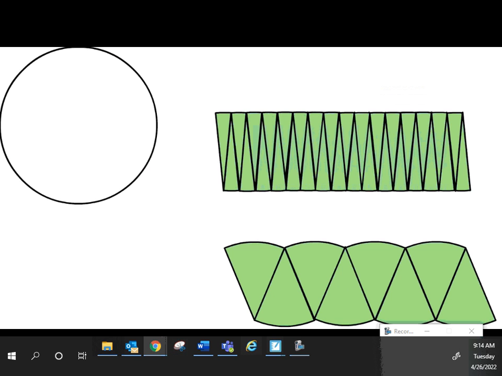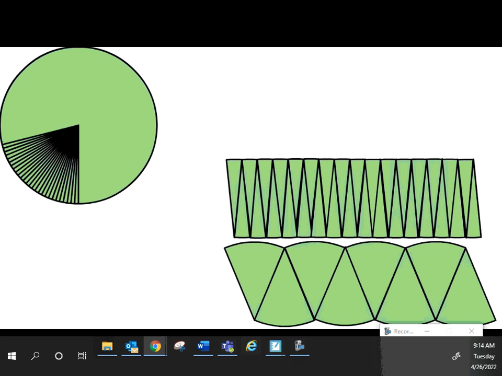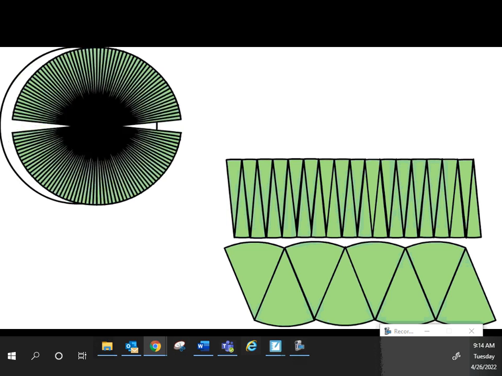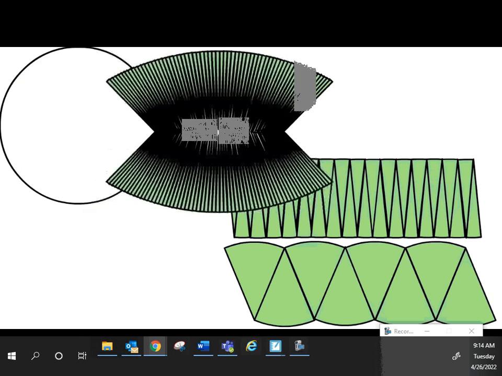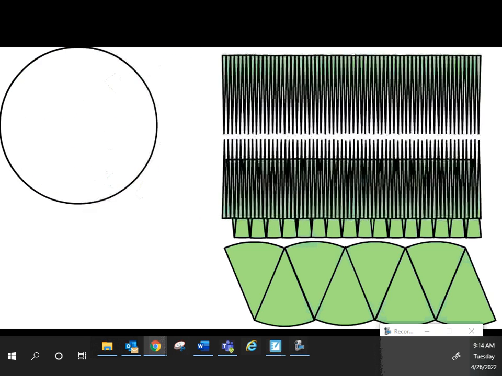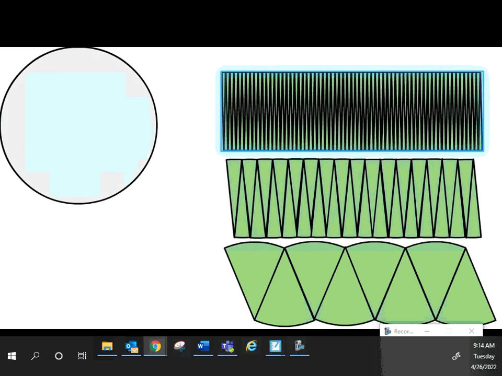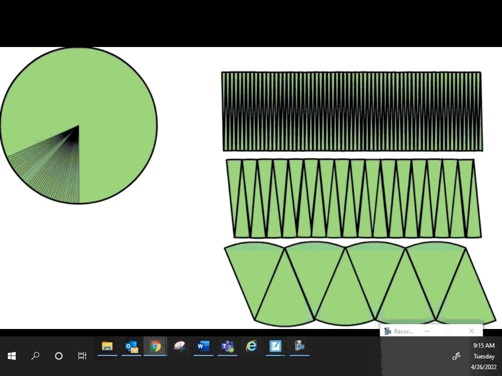You can see that it appears more like a rectangle. So, if we divide the circle into even more smaller pieces, you can see that every time the shape becomes more like a rectangle. So, how small must we divide a circle before we can get a rectangle?